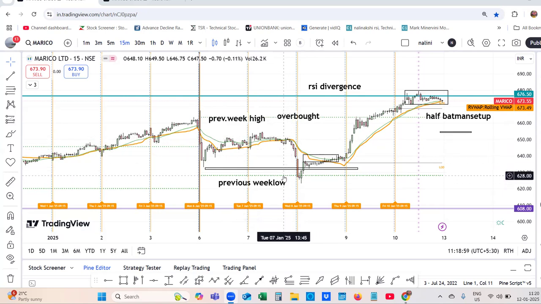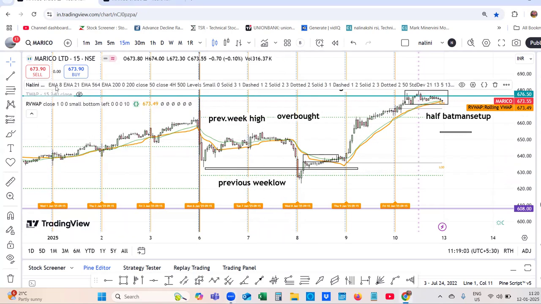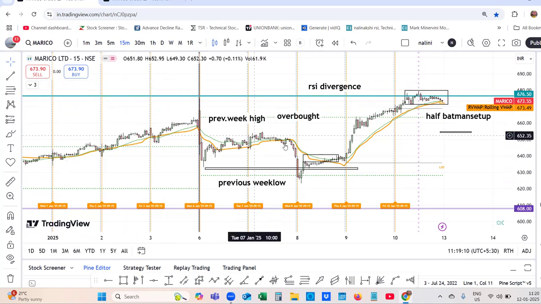Here in my indicator, this is the indicator I'm using. In this indicator, I've combined moving averages with the previous weekly high and low markings and also weekly separators, so we can make out which day it is.